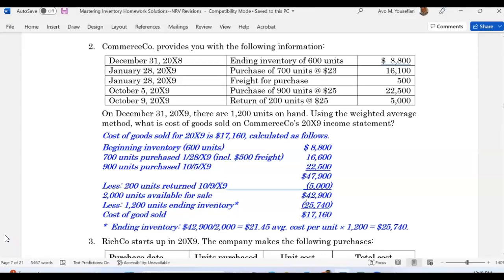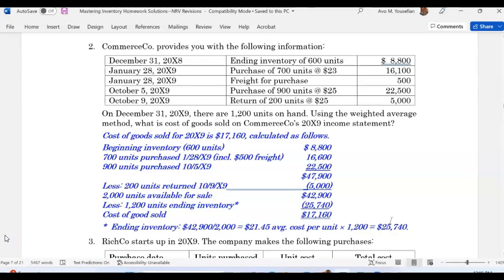1,200 units ending inventory. So what is the cost of goods sold? So how do we know what is ending inventory? Ending inventory is $42,900 divided by 2,000 units. It gives us an average cost. Weighted average of 21.45. 21.45 times 1,200 units left at the end.